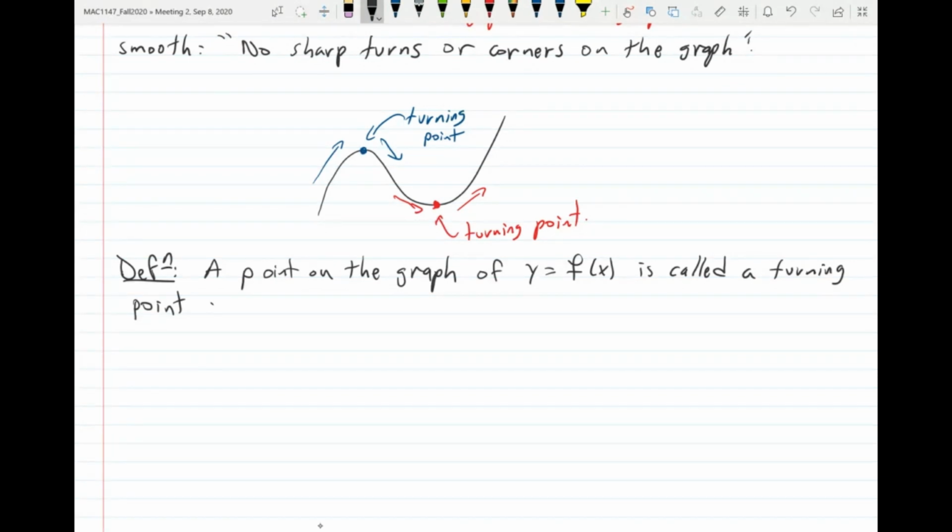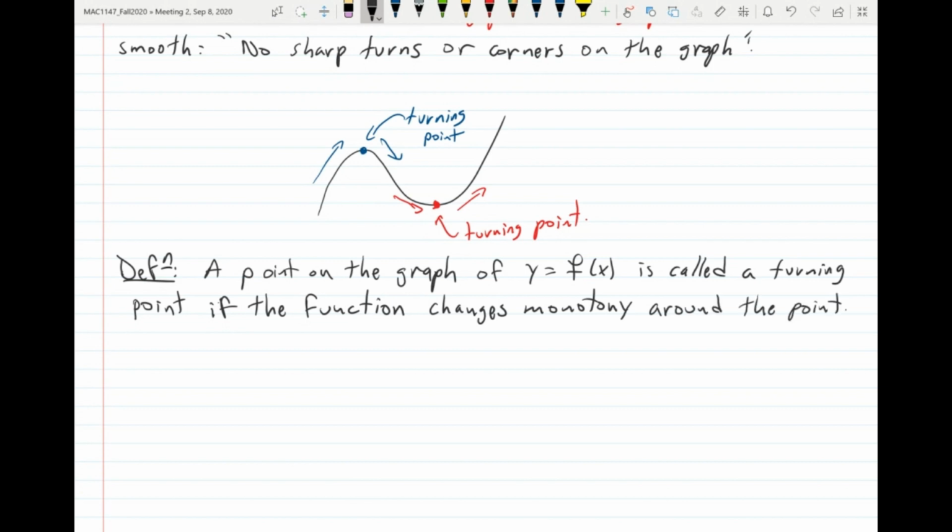Okay, so if the function, monotony is a fancy word for increasing and decreasing. Okay, if the function changes monotony around the point. Around the point.